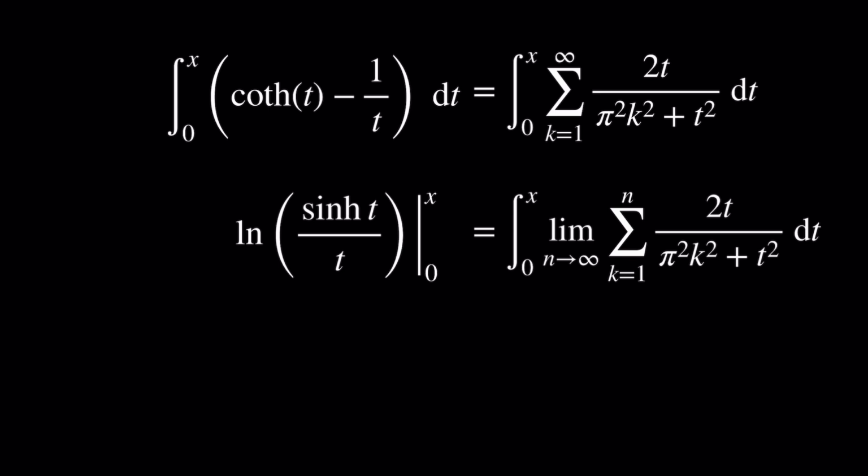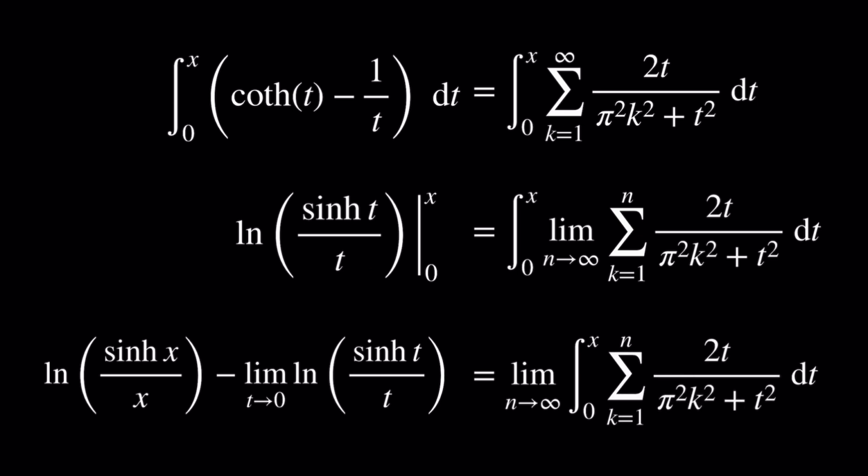Then if we apply the dominated convergence theorem, we can take the limit outside of the integral. So taking the limit outside of the integral, and in order to evaluate the left-hand side at t equals 0, we simply take the limit, since we can see that we have 0 over 0 inside a logarithm.